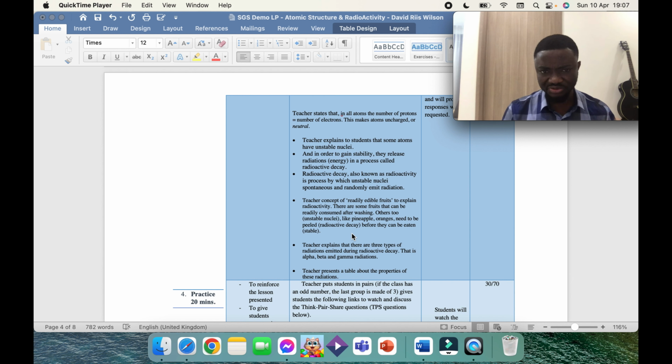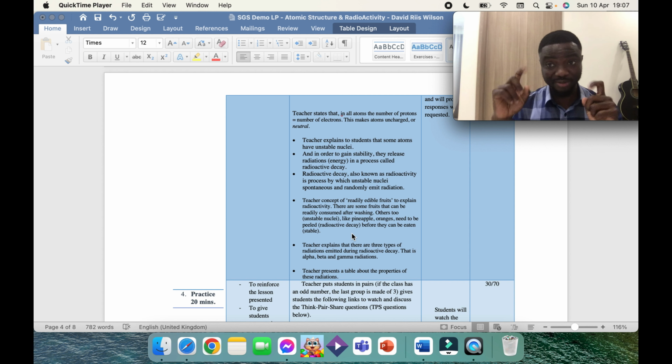And the teacher can use the concept of readily edible fruits to explain radioactivity. That is, if you take pineapple, for instance, you can't just eat the fruit pineapple after washing it. So in a way, we can say pineapple is unstable or inedible or not readily edible.